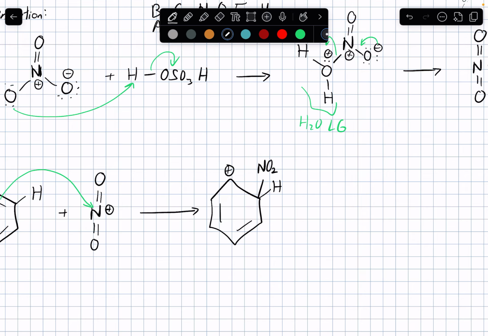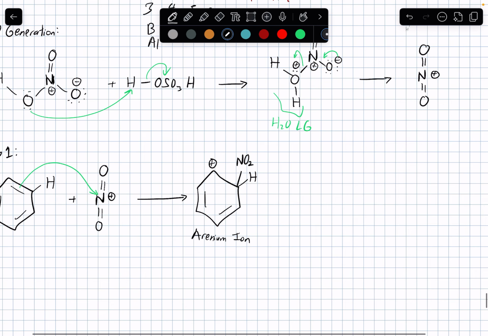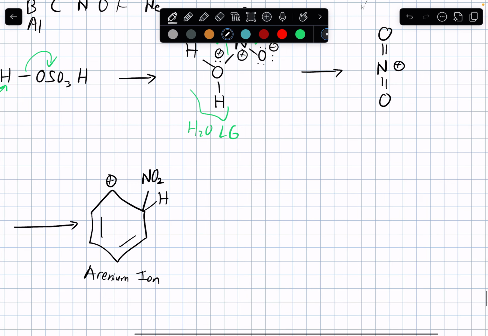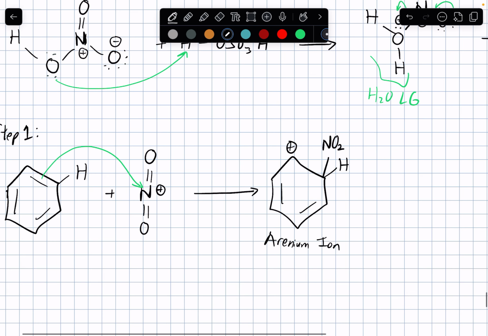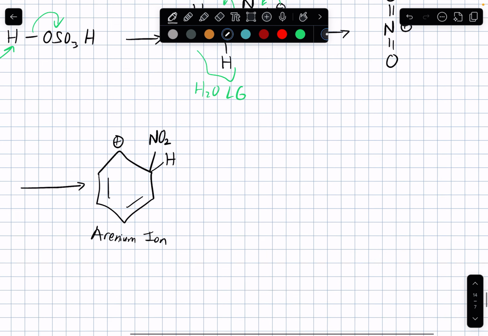We have a carbocation over there. So this is our arenium ion. Step 1 is finished. We have formed the arenium ion, and this one was able to attack the electrophile.